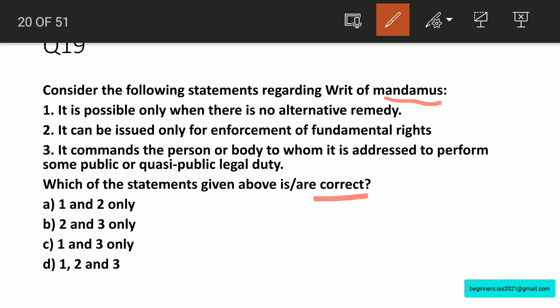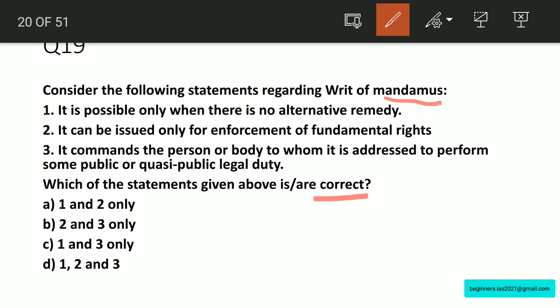If you take this writ of mandamus, it literally means we command. What do you mean by that? It is a command issued by the court to a public official asking him to perform his official duties that he has failed or refused to perform. That is called mandamus.